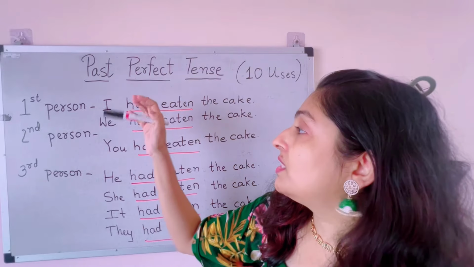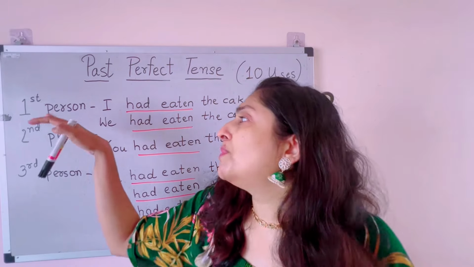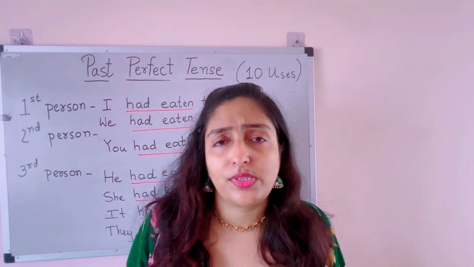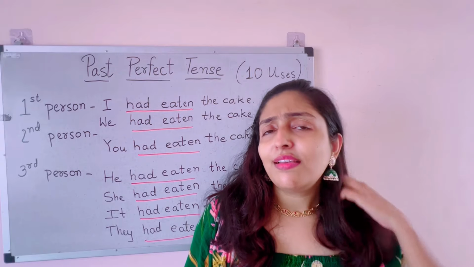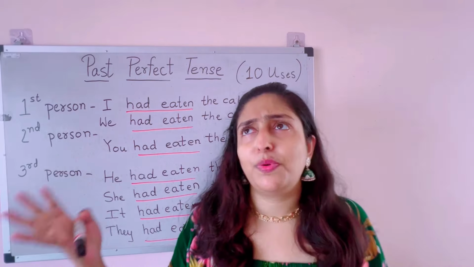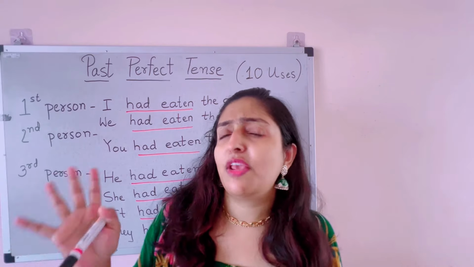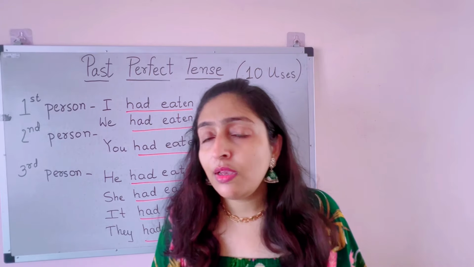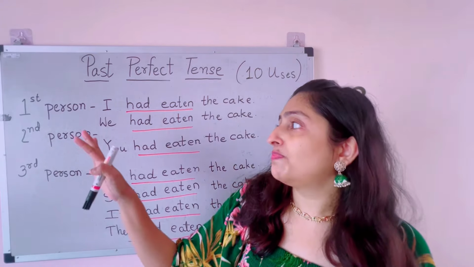These are the sentences in first person, second person and third person. Is there anyone who still has a doubt about what is first person, second person and third person? If there is anyone new, let me explain.